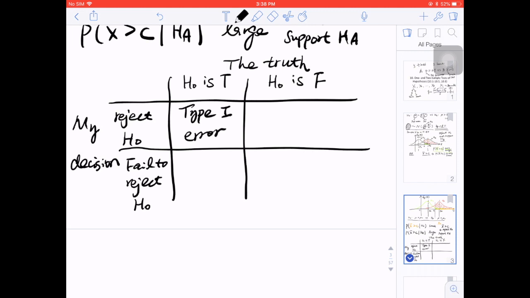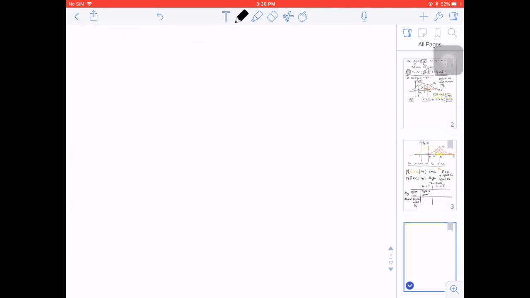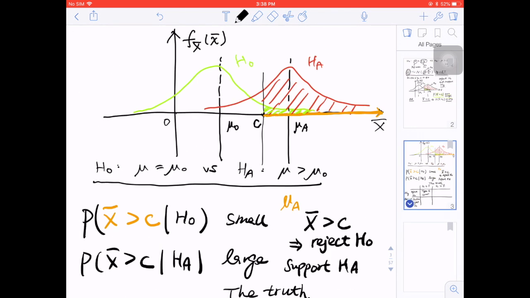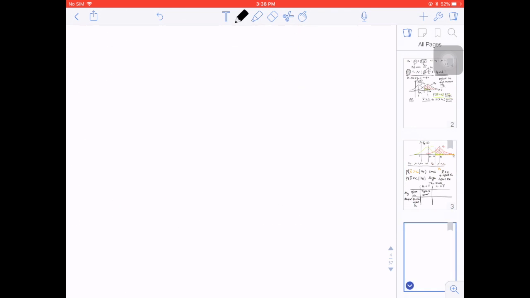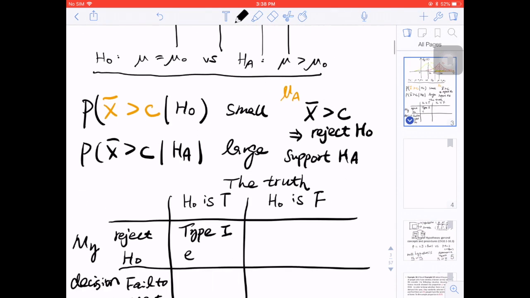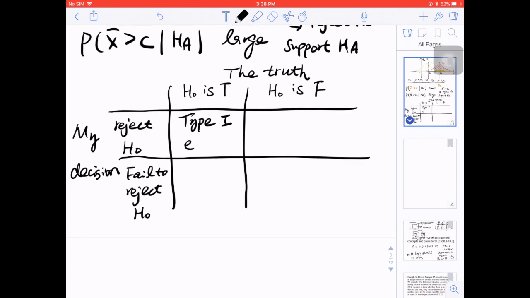What about when H0 is false, but you fail to reject H0, which means you have made another mistake. I'm going to call this type 2 error.